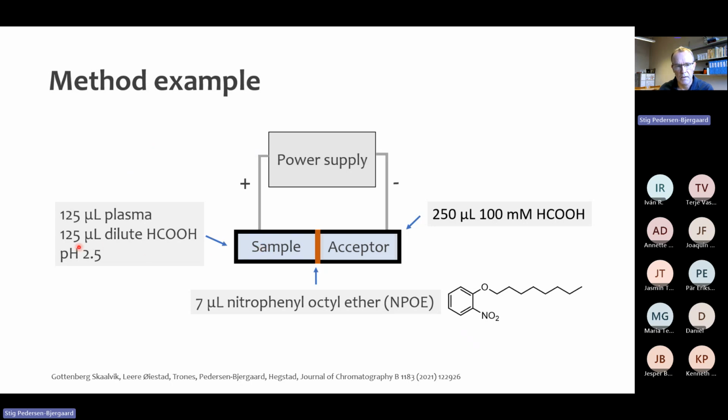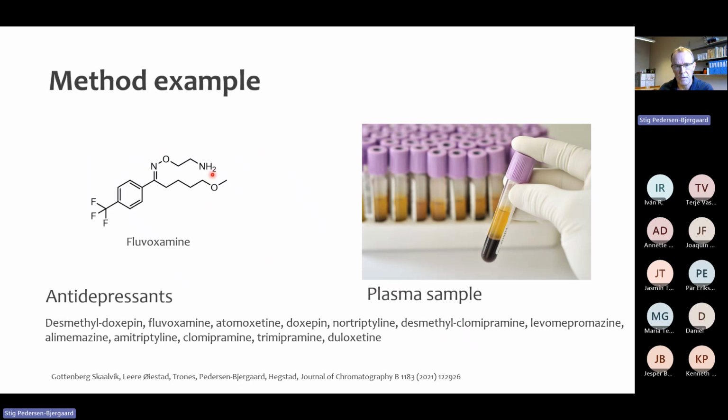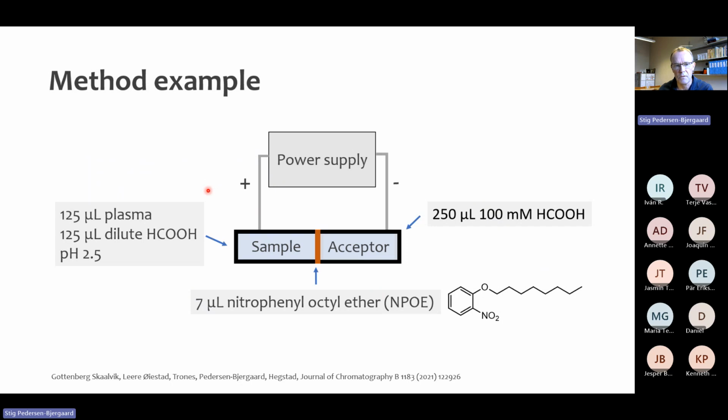We add a similar volume of dilute formic acid to acidify the sample, because now we are to extract a basic substance, so we need to get this group here protonated in order for the substance to migrate in the electrical field. And when we dilute with formic acid, we adjust the pH in the plasma to 2.5.